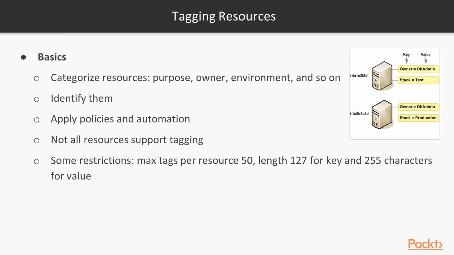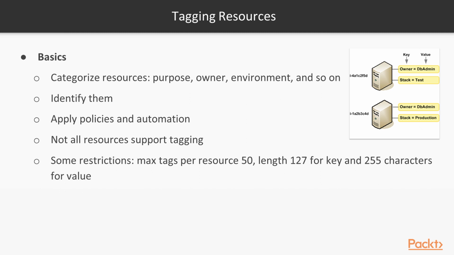Or even for the data: things in an S3 bucket that contain very critical information, or EC2 instances that are processing confidential data, you probably need to tag those resources with a tag called data classification critical, something like that. Coming back to the basics of tagging, remember that you can apply policies and also automation, discovery, etc. using those tags. So it's important always to tag your resources properly.